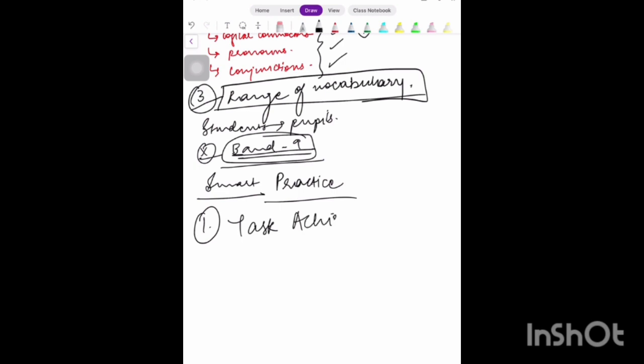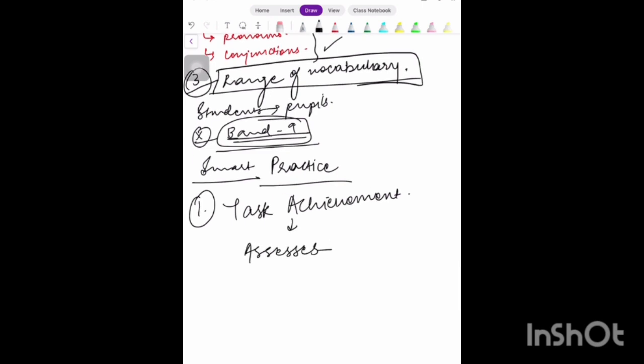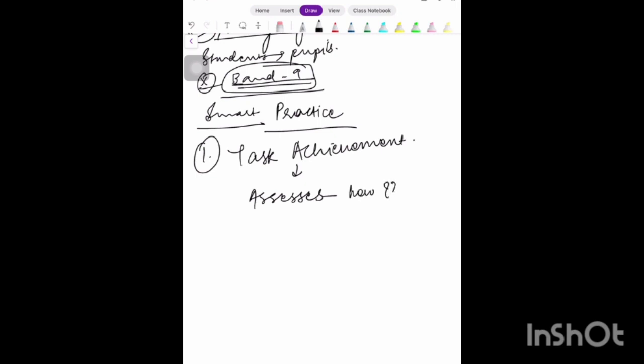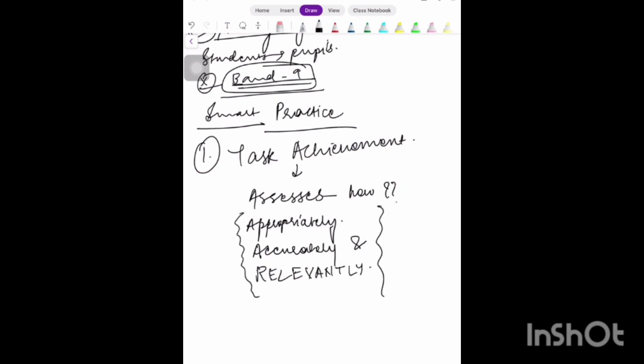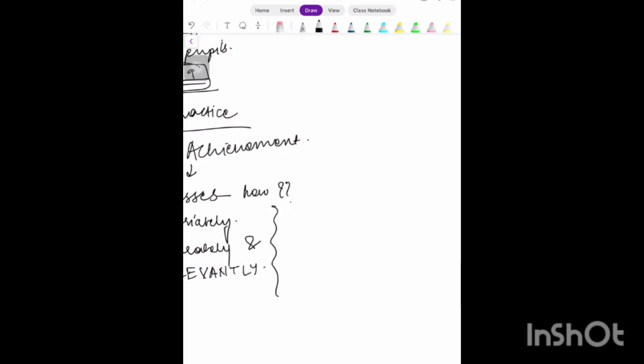Task achievement assesses how appropriately, accurately, and relevantly I'm answering or writing the response, and it should fulfill the requirements set out in the task, using a minimum of 150 words.